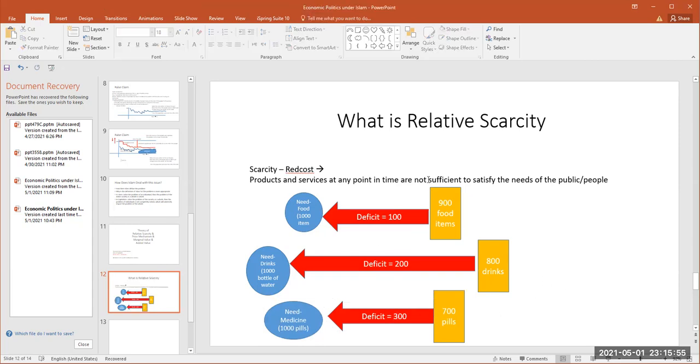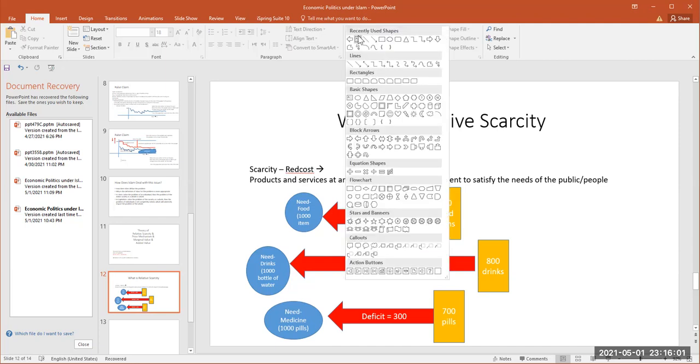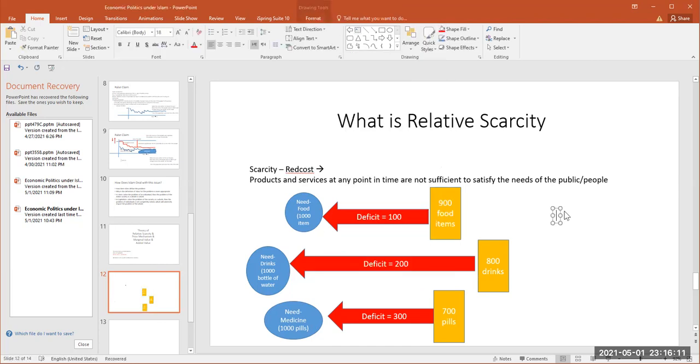And this is normal. The idea is that in a normal situation, which means without the interference of any power from outside, let's say in the market there are naturally 900 loaves of bread, 800 bottles of water, and 700 pills.